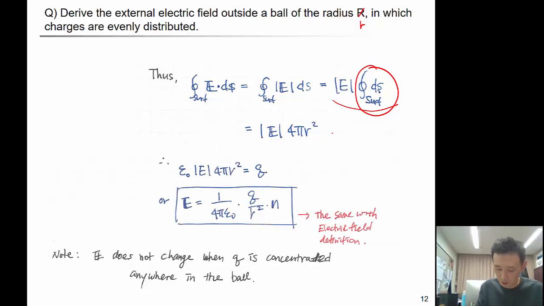So epsilon times this becomes the Q. Or the electric field is 1 over 4 pi epsilon naught times Q over r squared times the normal vector. And here the electric field does not change with how Q is distributed in the ball.